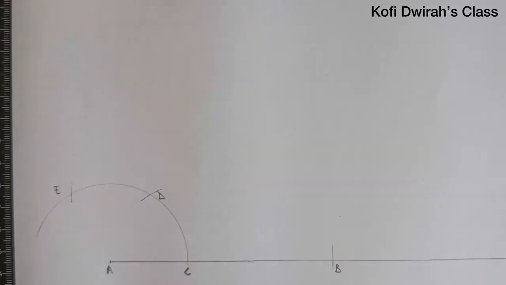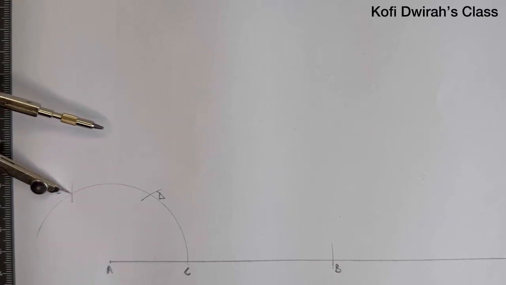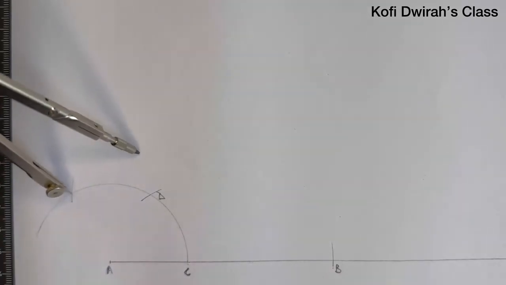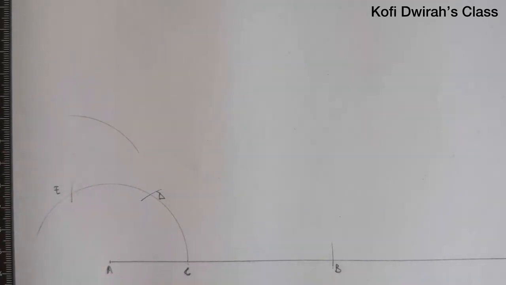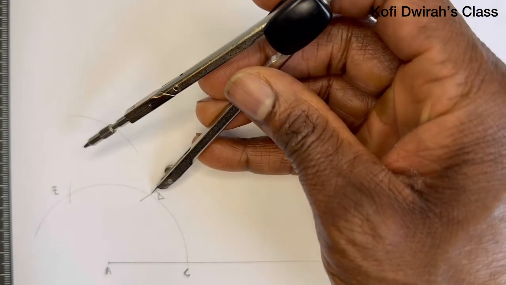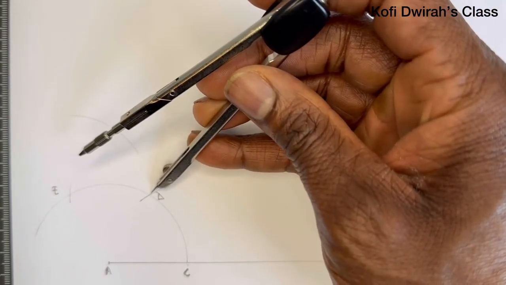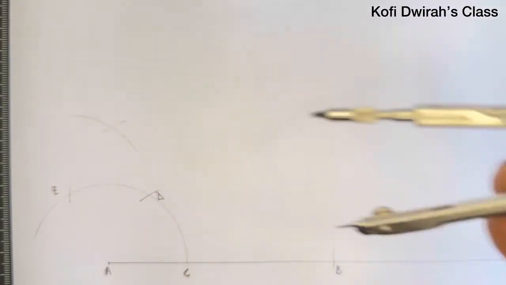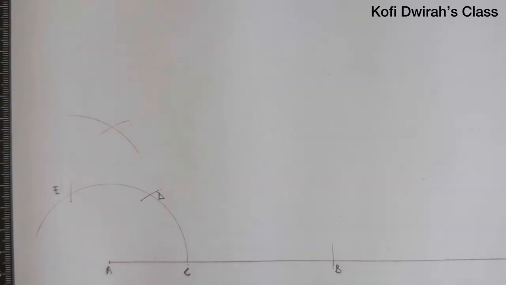Then at point E, with your compass to any radius, you draw an arc with the same radius. At point D, you draw another arc. Then you draw a straight line from point A through this intersection point here.